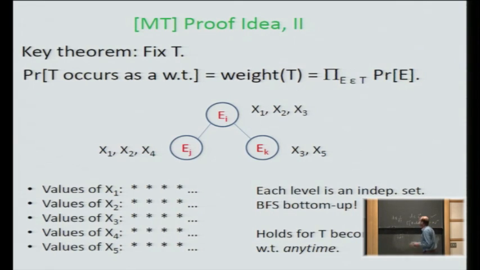Basically the point is its children all have to be its neighbors. So if you want to calculate the sum over all such trees, you know that the root is E_i, and its children are some subset of its neighbors.